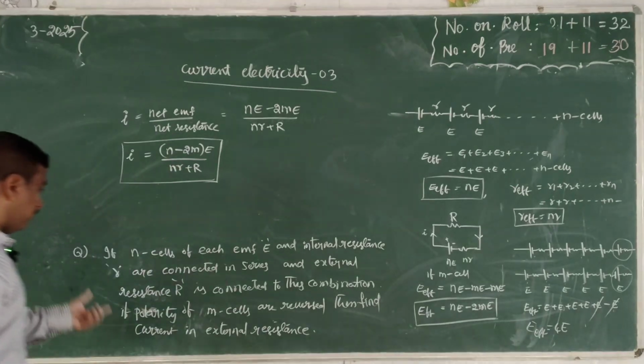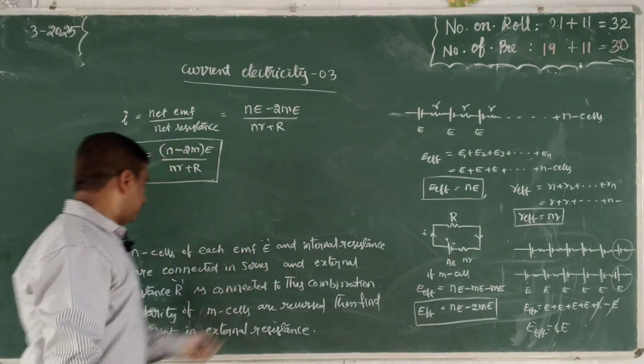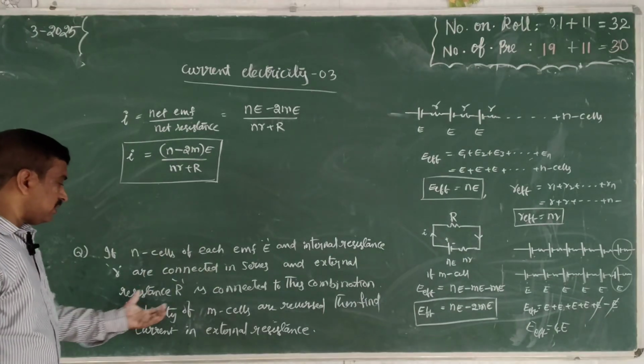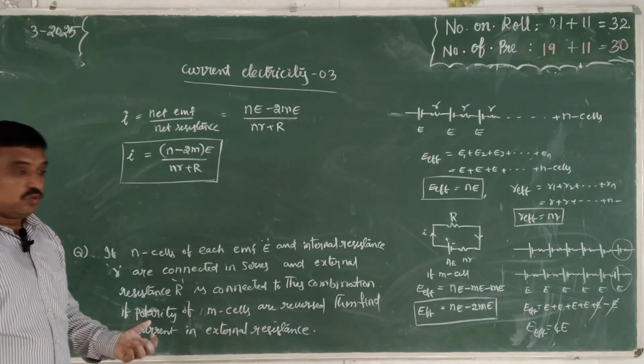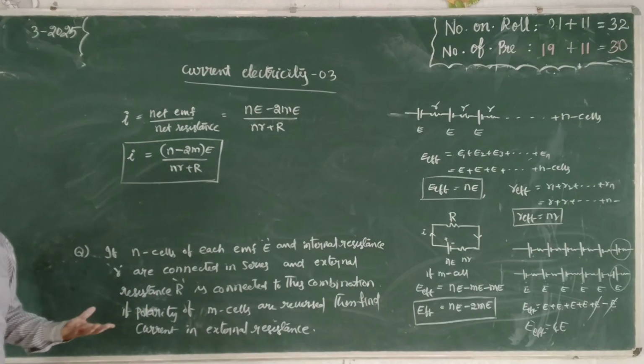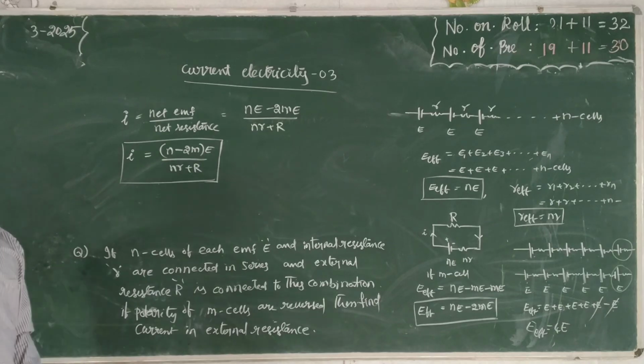First see the problem. If N cells, each of EMF E and internal resistance r, are connected in series, and an external resistance R is connected to this combination, and if the polarity of M cells is reversed, then find the current in the external resistance.